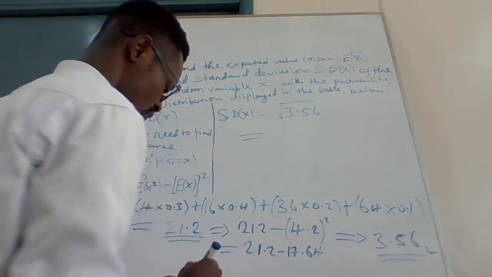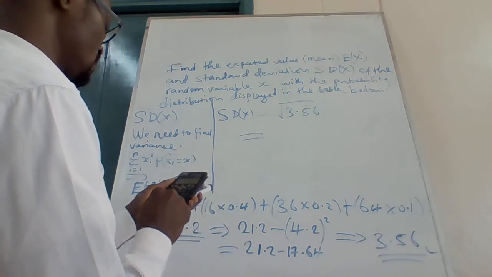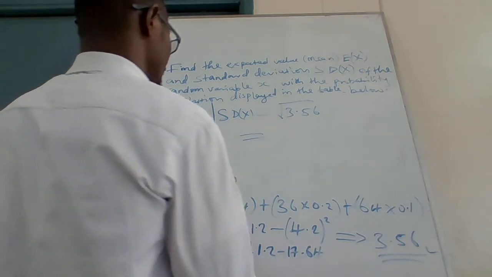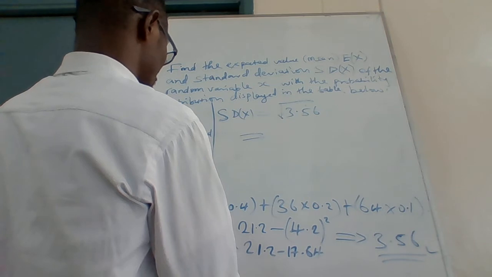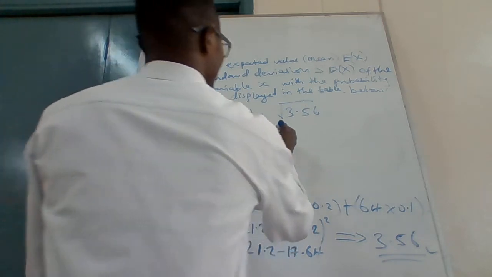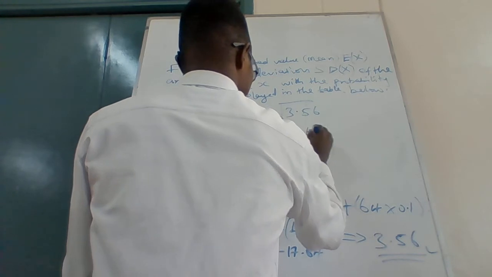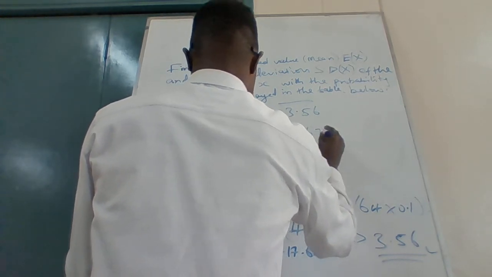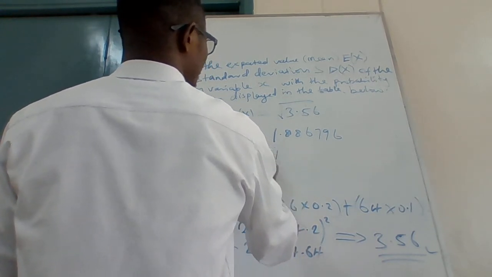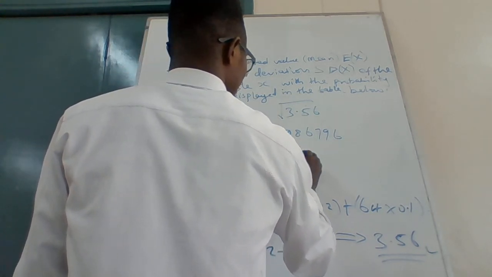This will give us 1.88679622, which is approximately 1.88.